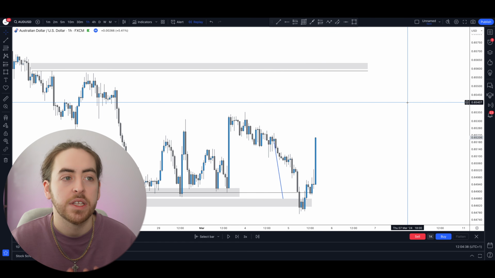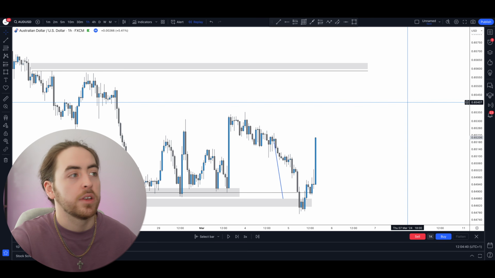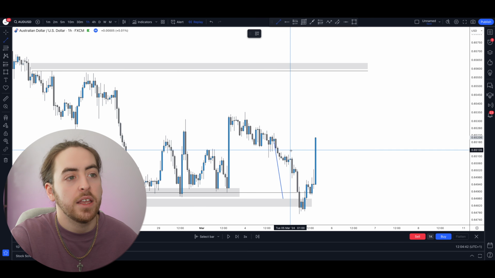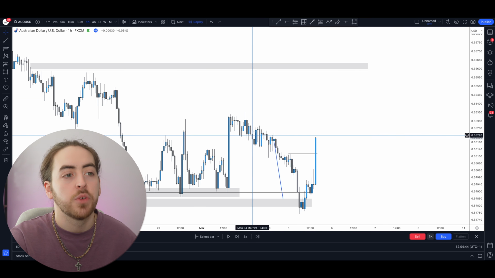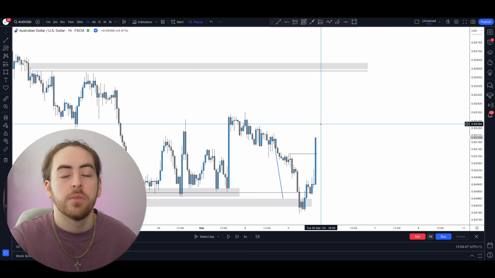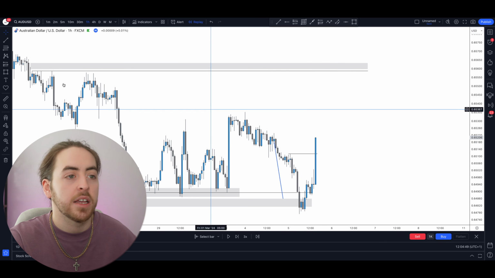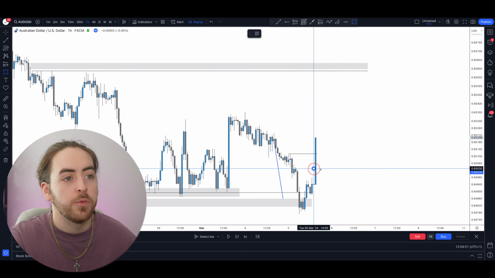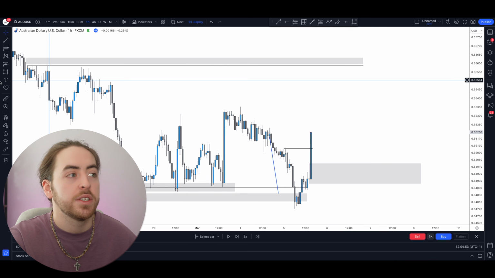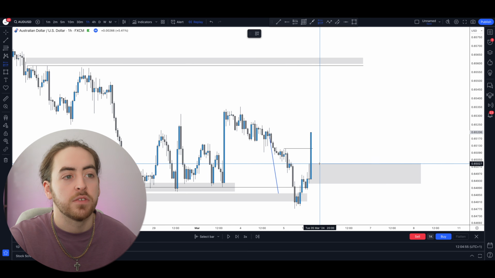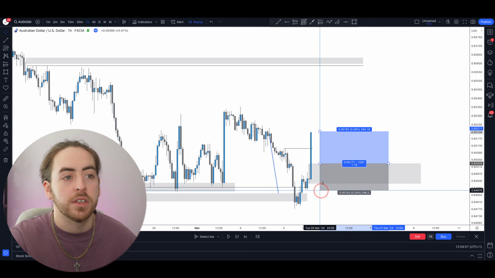So how can we use this now? Well, we've seen the market start to shift after trading into that area of equal lows. So we swept the lows and now we've had a big push in momentum, indicating that we may be getting a change in the trend. So what we could do is look for buying opportunities to follow this new sense of direction and the new momentum that we're seeing in the market.